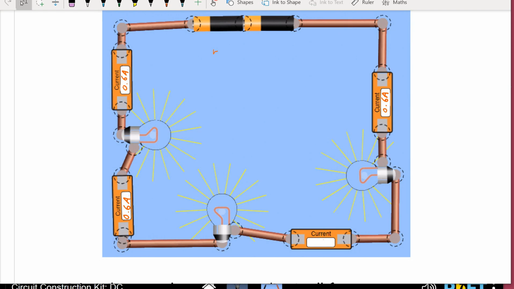And this last one, all the way down the bottom, is also going to be 0.60 amps.